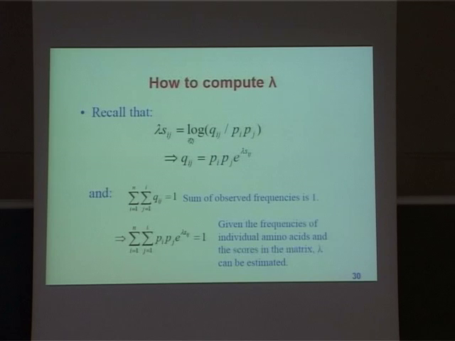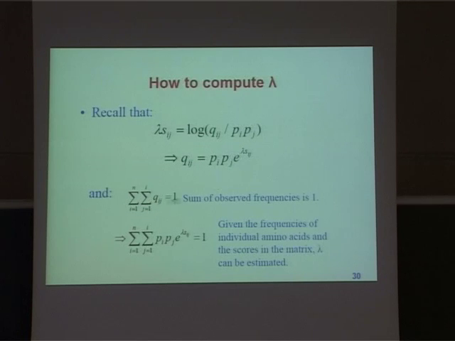So the scaling factor is, for example, x, and lambda is 1 over x, so we multiply this log-odds ratio by 1 over lambda and obtain this integer score. In other words, if you multiply your scoring value with this lambda, you are going to get the actual log-odds score. And if we take out the observed occurrence of Qij from this equation, this is what we are going to get.